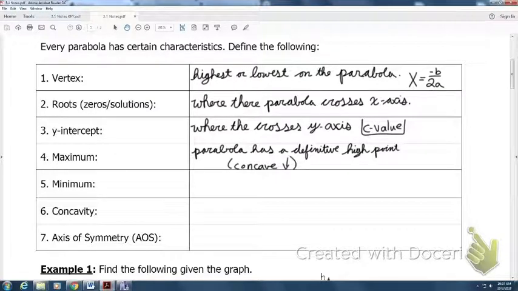Every time it's concave down, you will have a maximum. So a minimum is whenever the parabola has a definitive low point. And that is whenever it will be concave up.